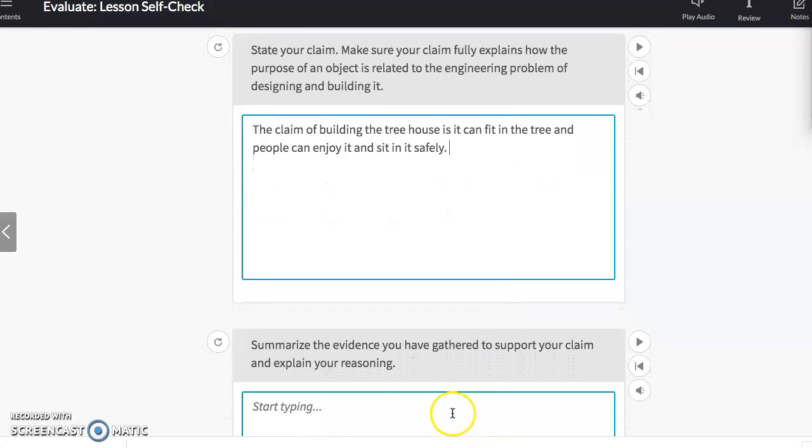Alright. Summarize the evidence of that. So the evidence means criteria and constraints. The criteria is that it has to have safe materials that cover all of the house.